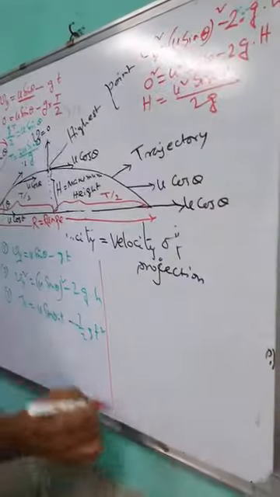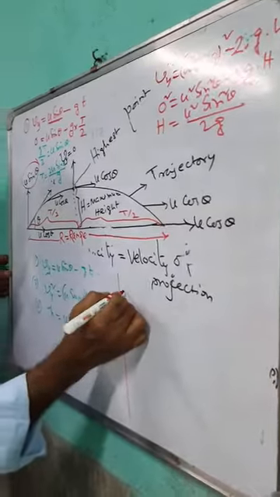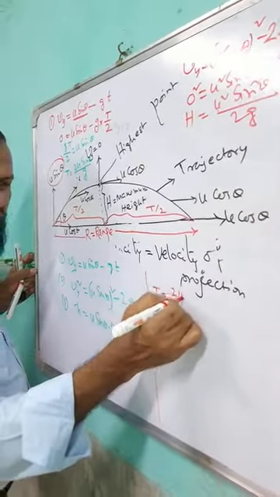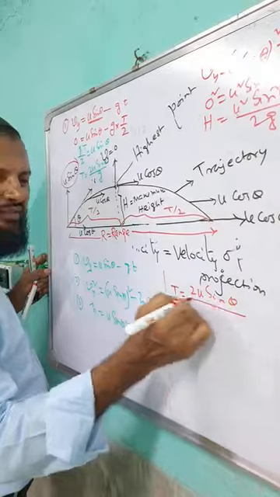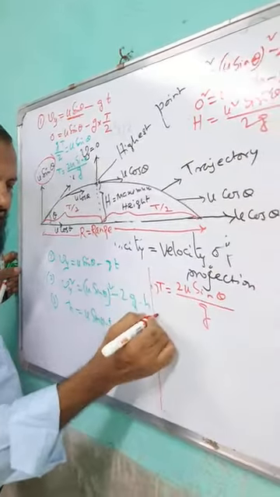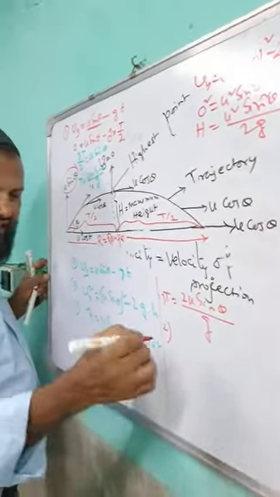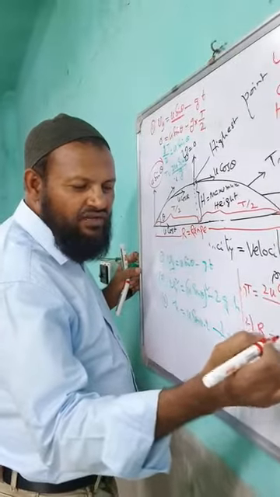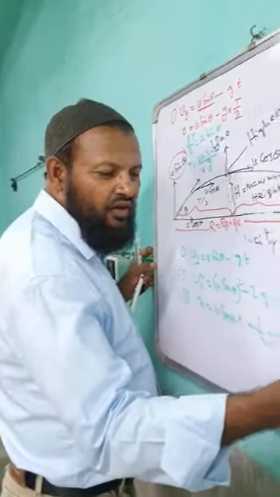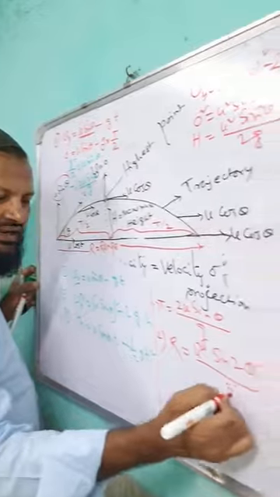Now, from here we have got capital T equal to 2u sin theta by g. This is number 1, the fixed equation. Second equation, R equal to u square sin 2 theta by g.